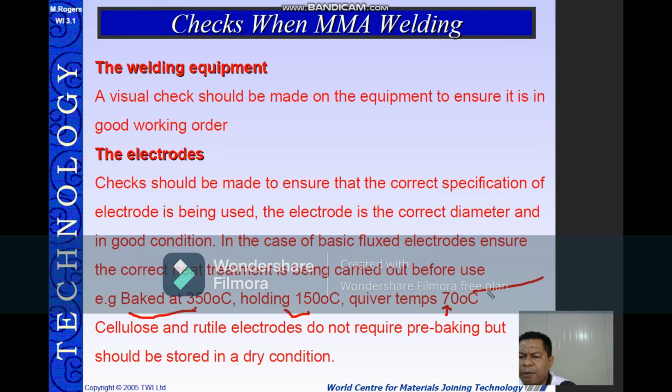This quiver the welder will bring during welding. The cellulose and rutile electrodes are not required to be baked, but need to be dried.